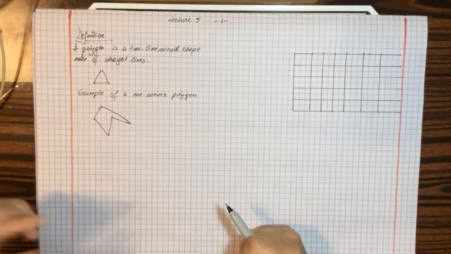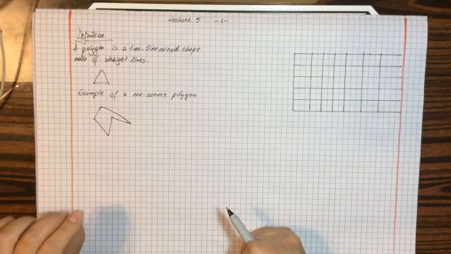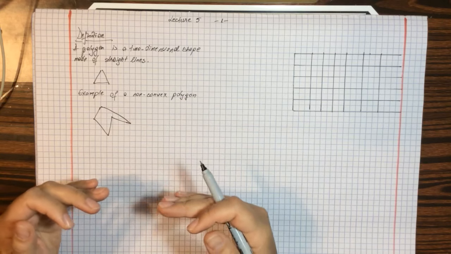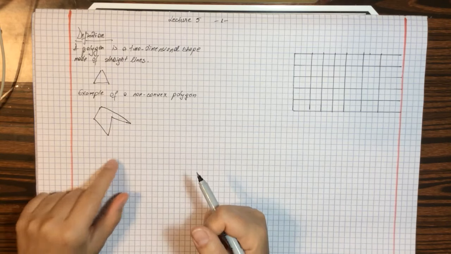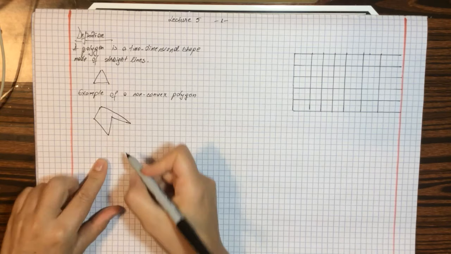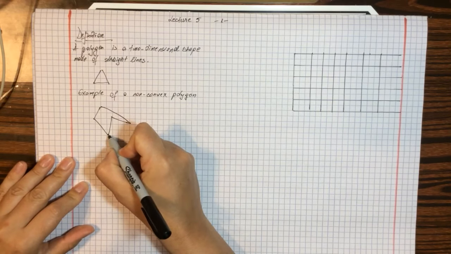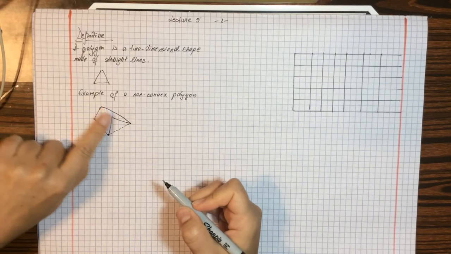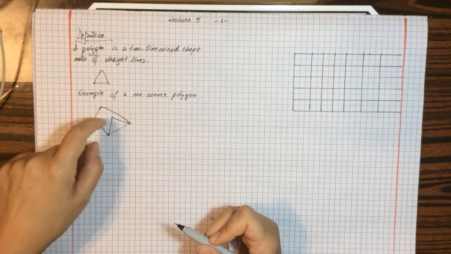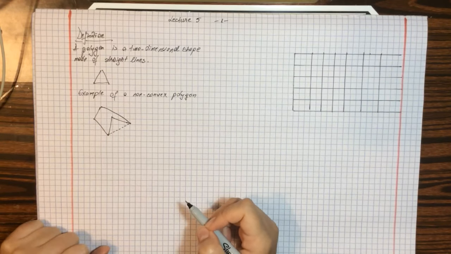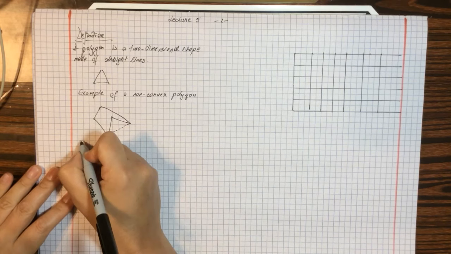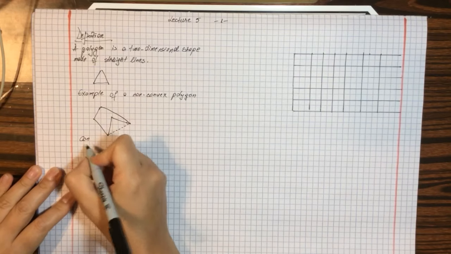But if you can connect any 2 vertices of the polygon and the line that connects them falls outside the area of the polygon, in that case the polygon would be non-convex. Here's an example. If you connect these 2 vertices, the line that connects them definitely falls outside the area of the polygon, so this would be an example of a non-convex polygon.